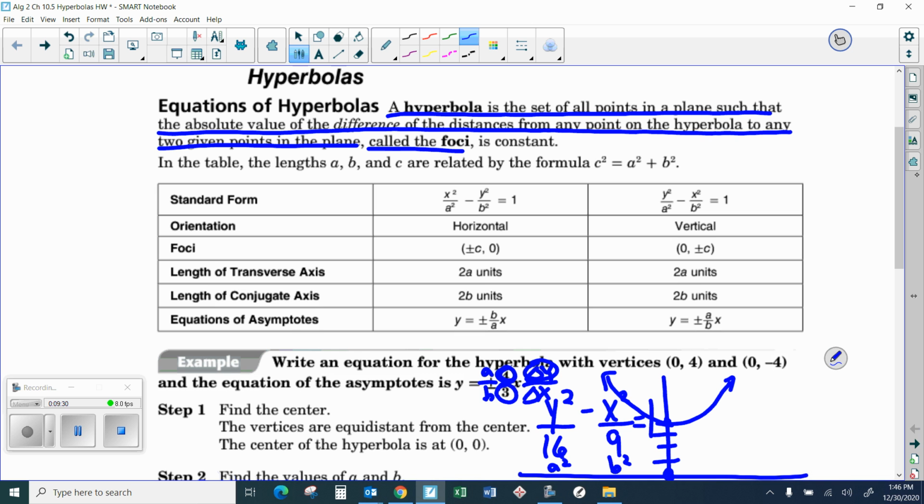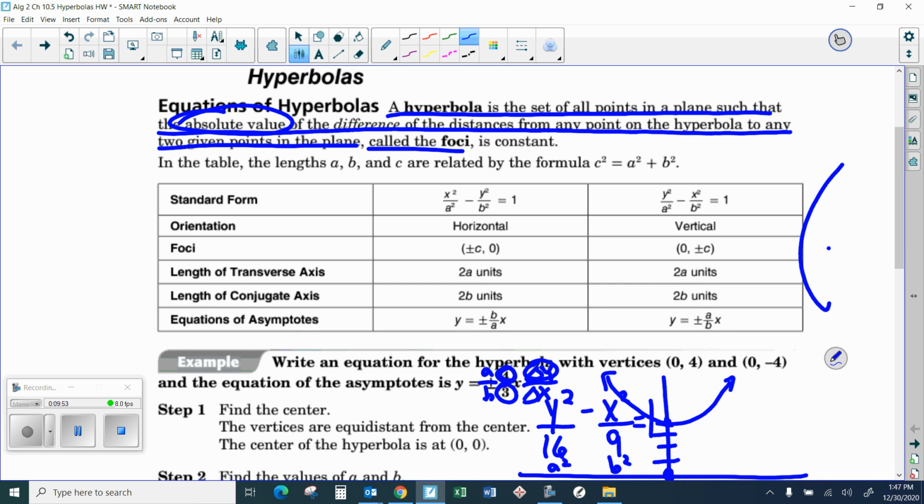That's its definition itself. The absolute value difference, because we want to make sure distance is positive.